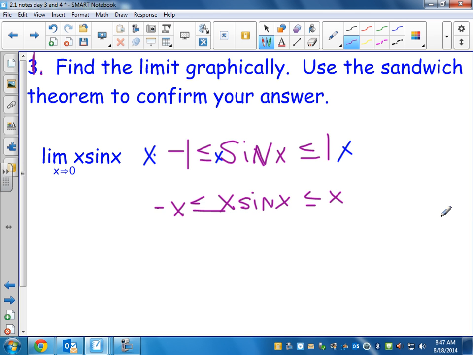What I want you to practice is just working it out. So I'm going to say, let's take the limit of each side. So let's take the limit as x approaches 0 of negative x. Let's see what that equals. And let's take the limit as x approaches 0 of the function that's bigger than that.